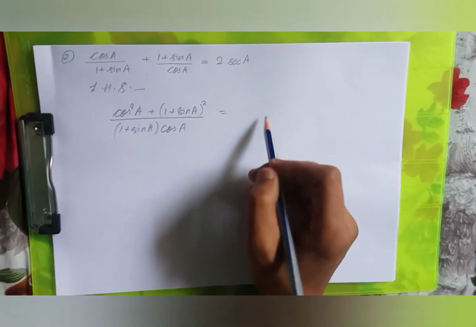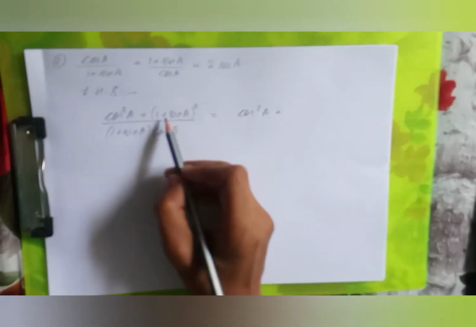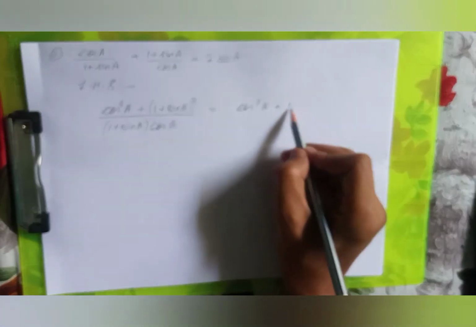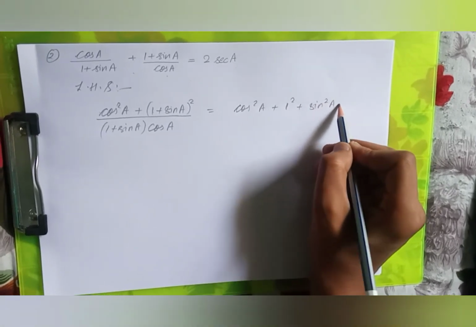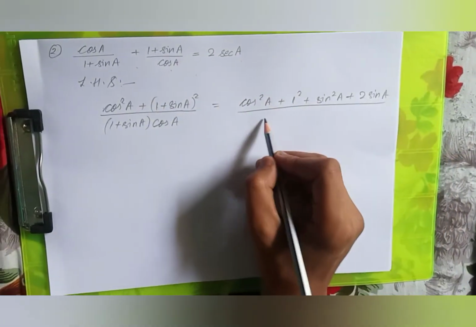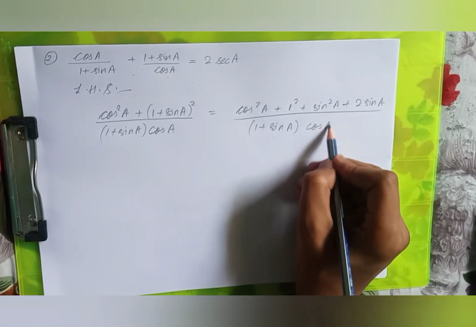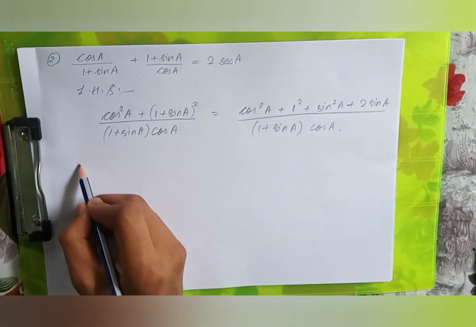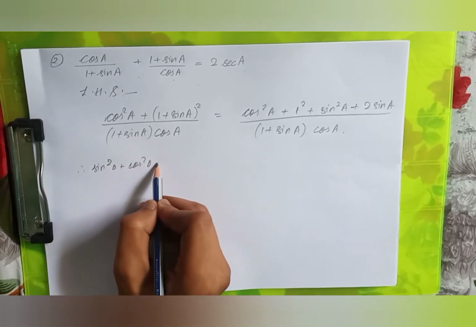Now solving this we get cos square A plus (a plus b) whole square is a square, that is 1 square, plus b square, sin square A, plus 2ab, that is 2 sin A, by (1 plus sin A) cos A. We have an identity sin square theta plus cos square theta is equal to 1.